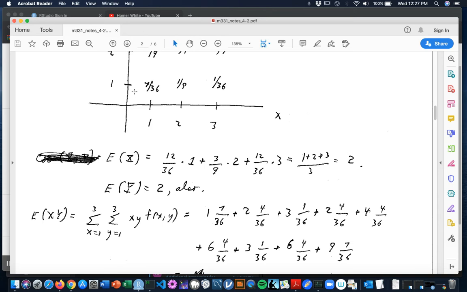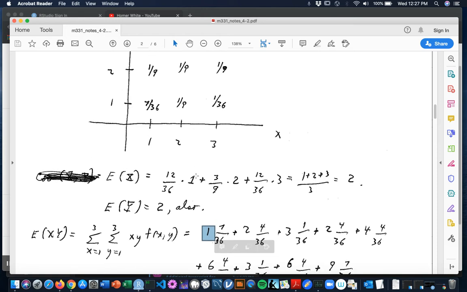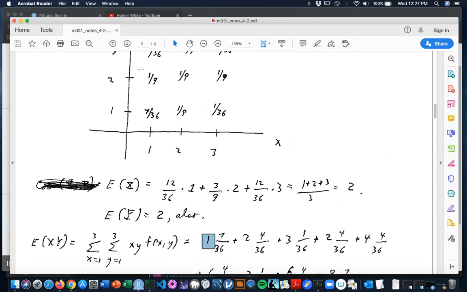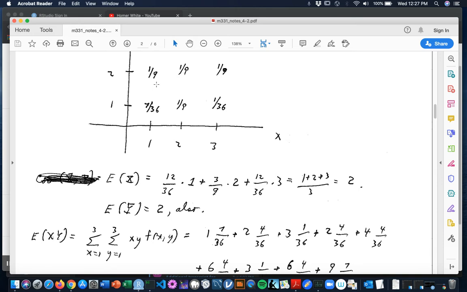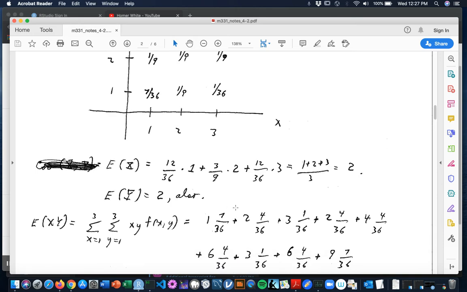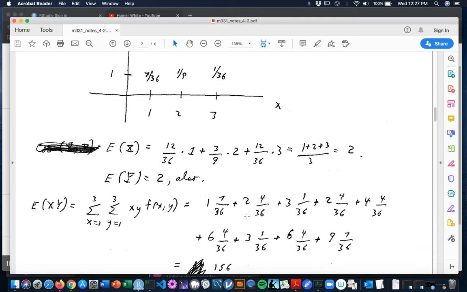So like when x and y are both 1, the chance is 7/36, and you have to do 1 times 1, your x times y. Well, that's a 1. And then my next move is to do a 9th times the 1 times 2. Now a 9th is 4/36, and here's my 1 times 2.